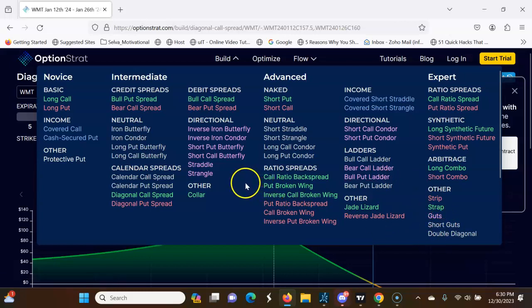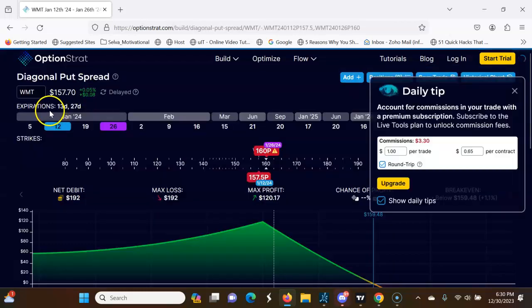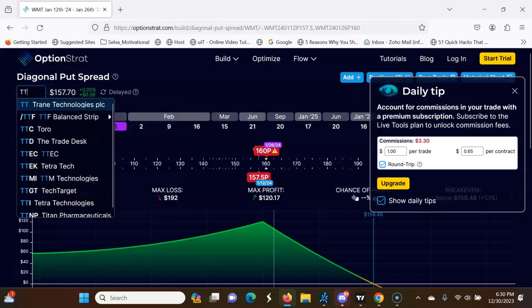I want that. Calendar put spread. Okay, got TTD.